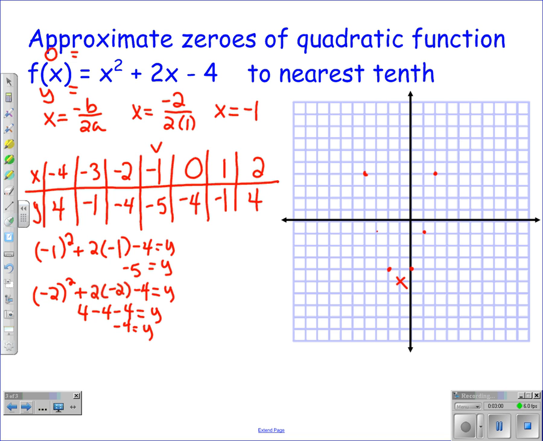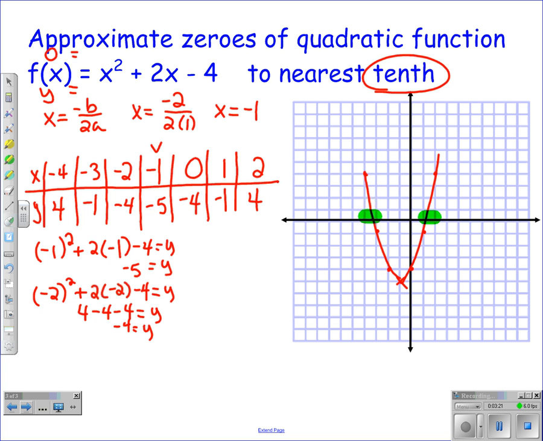So we have our graph going like this right now, and we know that somewhere between negative 3 and negative 4, and somewhere between 1 and 2, it will cross the x-axis. But where is that point?